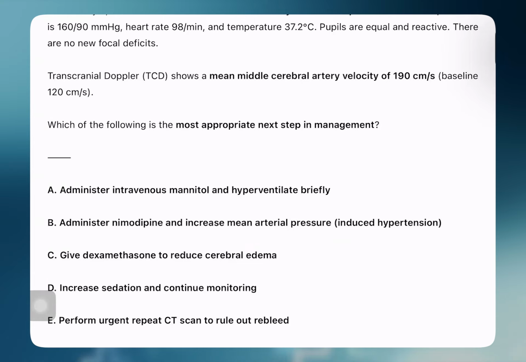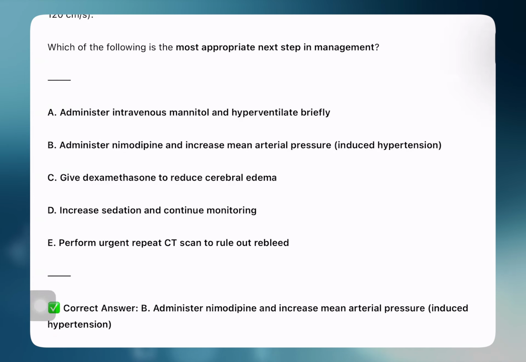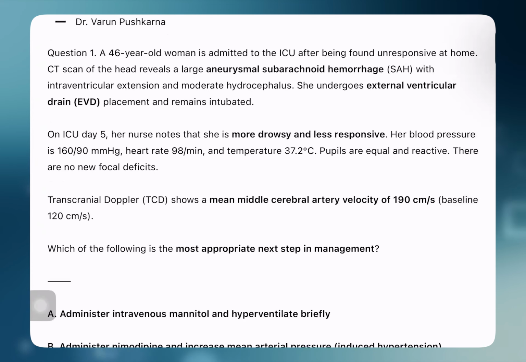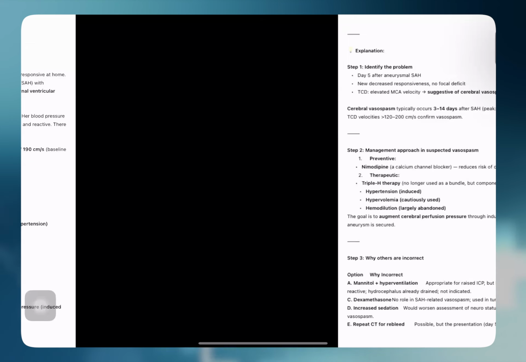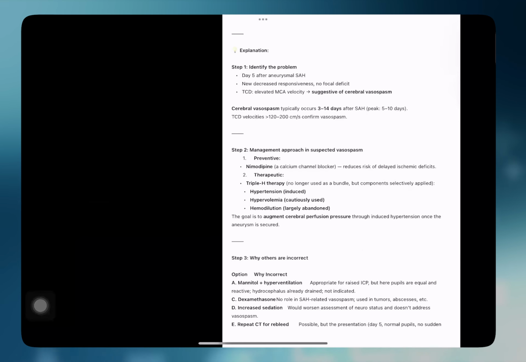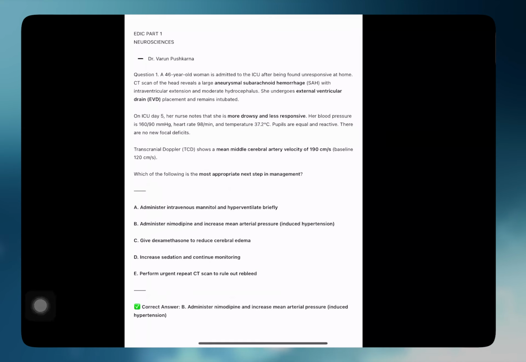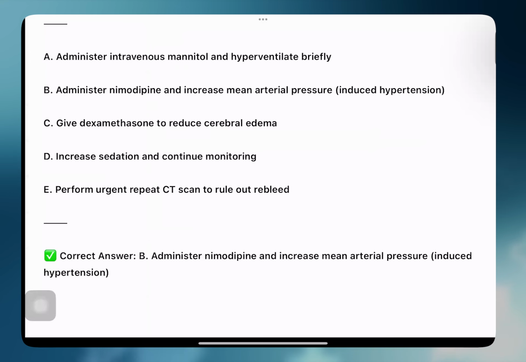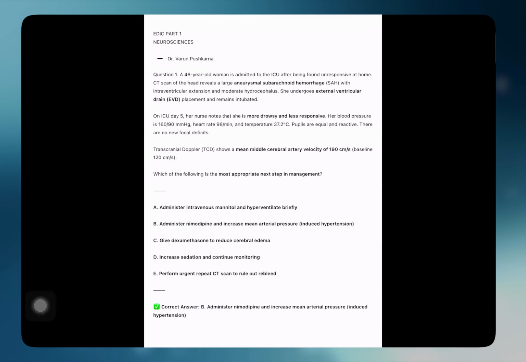Repeat CT. So we have two answers. The answer is administer nimodipine and mean arterial pressure, that is induced hypertension.